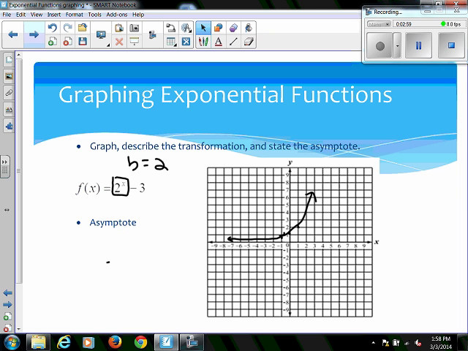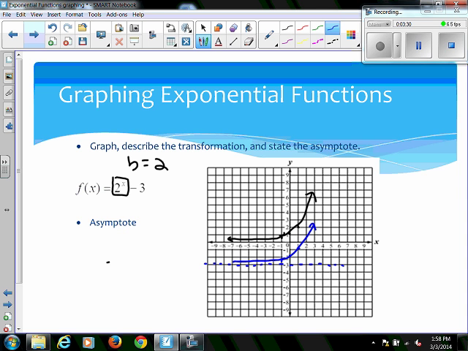But we have a transformation here. Go back to your previous slide, and we have subtract 3. That's going to be a vertical shift down 3 units. So I'm going to take these 3 points that I've plotted and move them down 3 units. Also, when I move it down 3 units, I'm moving my asymptote down 3 units.